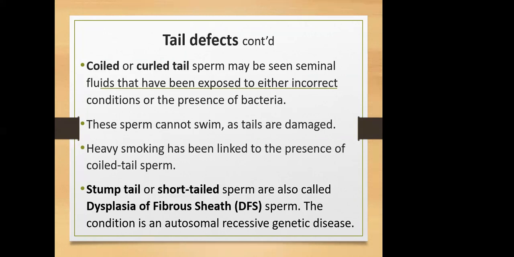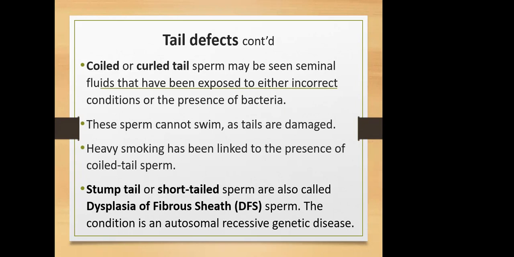Heavy smoking has been linked to the presence of coiled tail sperms. And you remember that as you move along, if you are going to do semen analysis, we talk about some preparation of the patient.